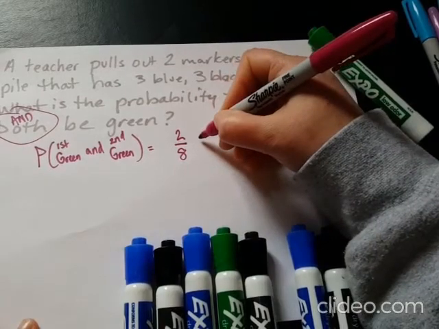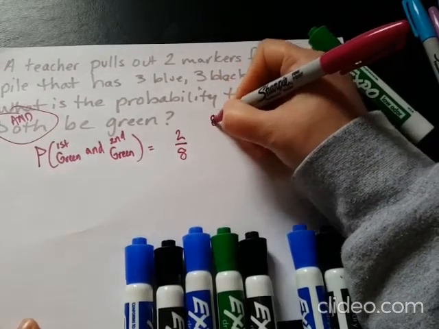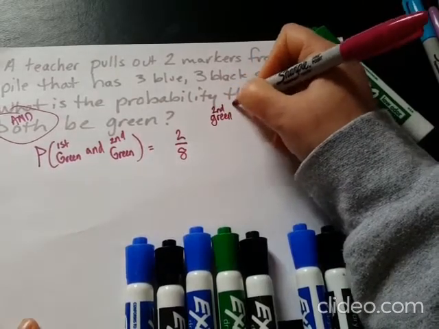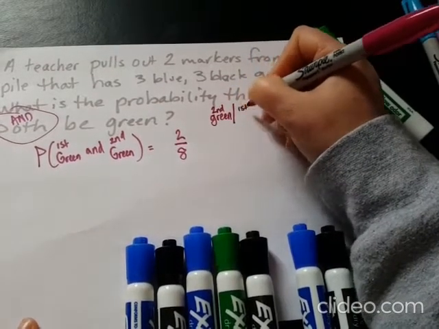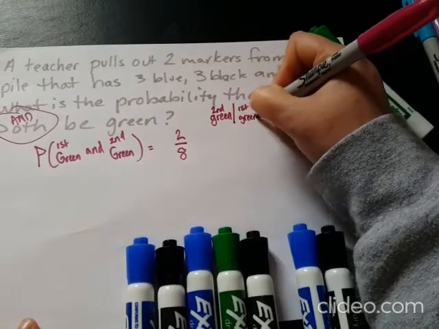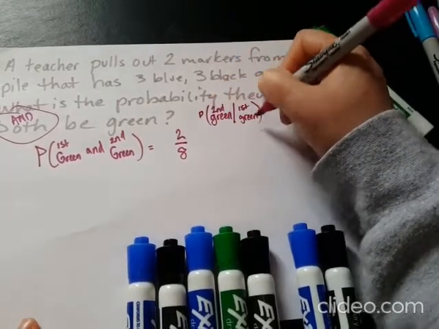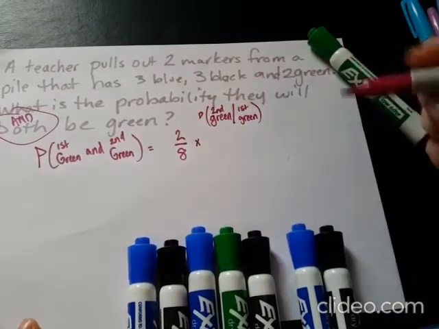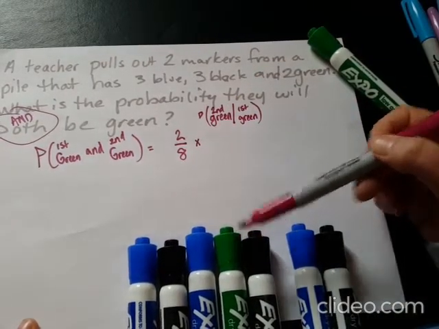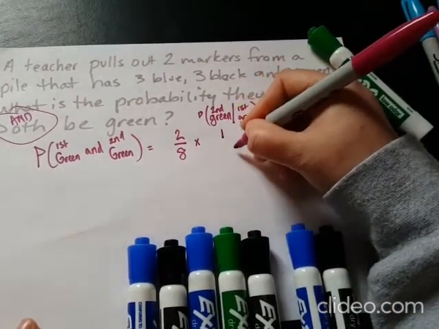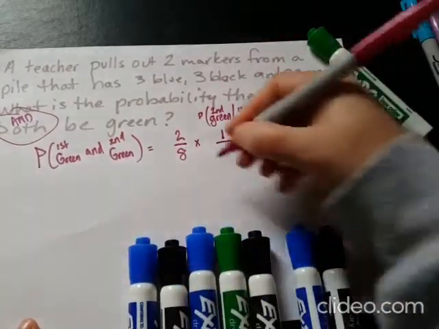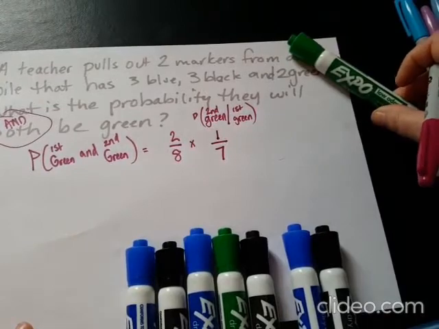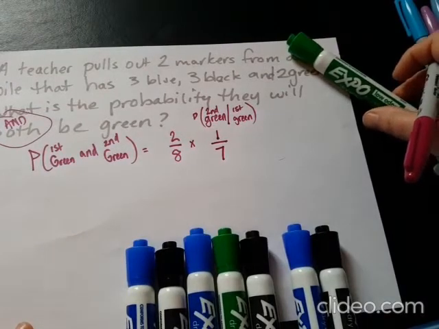So what is the chance of the second one being green, given that the first one is green? So this is what we're looking for. The probability that the second one is green, there's only 1 green left out of the 7 altogether, because we have to assume that the very first marker was in fact green.